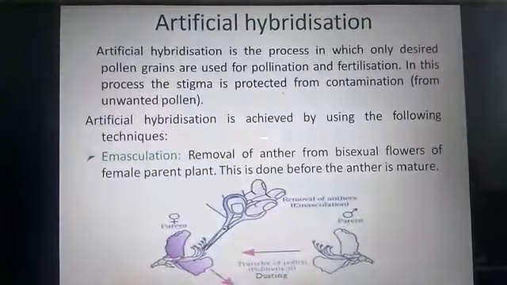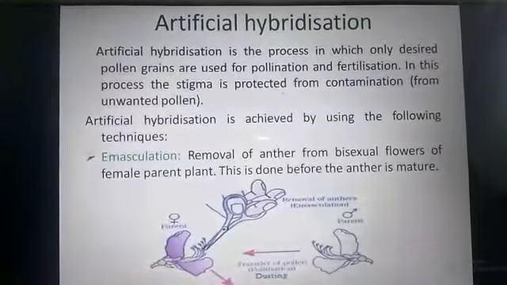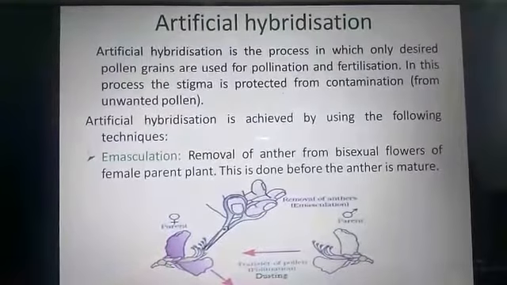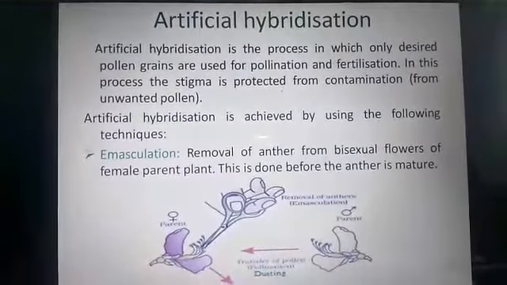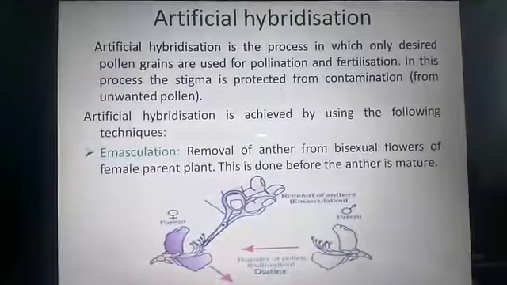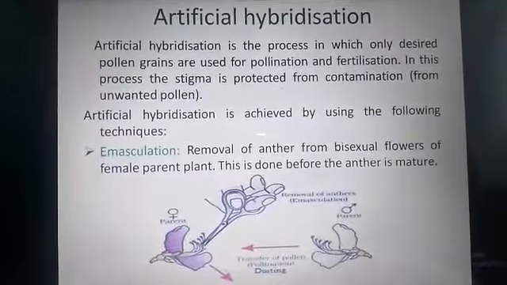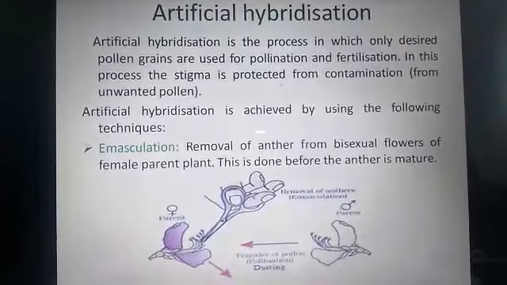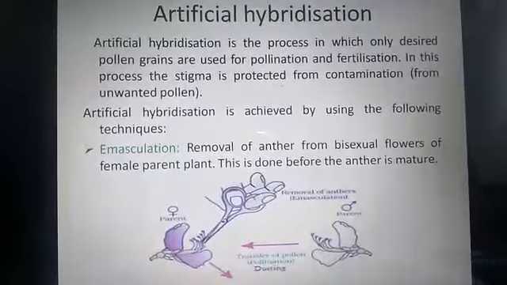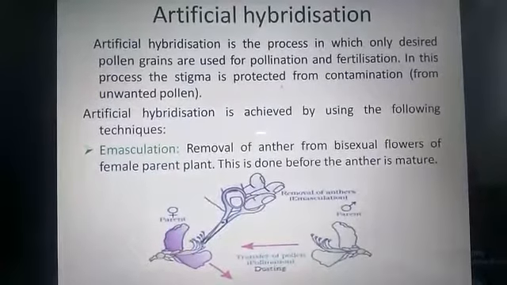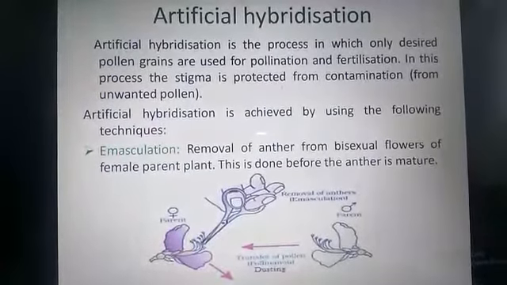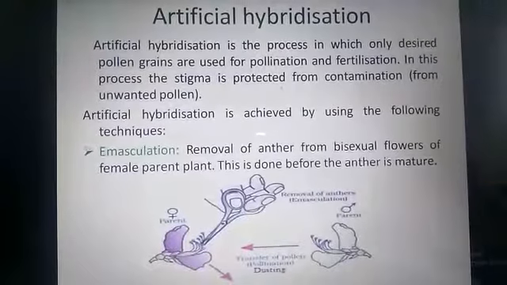This is done before the anther is mature. Yes, in emasculation, the anther is removed from bisexual flowers of the female parent plant, and this has to be done before the anther is matured. You can see the picture.